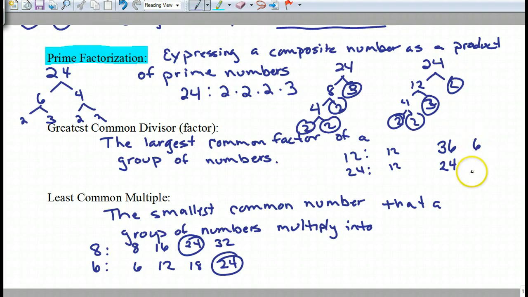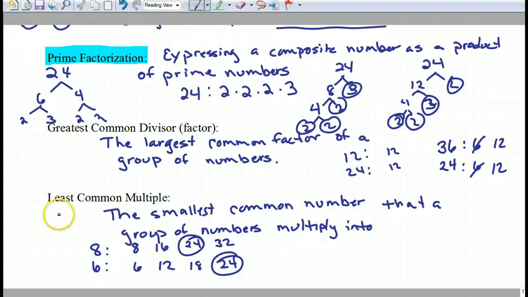Does 8 go into 36? Yeah, it doesn't. 9? Does 9 go into 24 though? No, so I think 6 is the largest common factor. Oh, wait, no, there's a bigger number. 12. So it's not 6, it's 12. Okay, there is an easier way of figuring that out, and I'm going to show you guys how to do that in just a second.